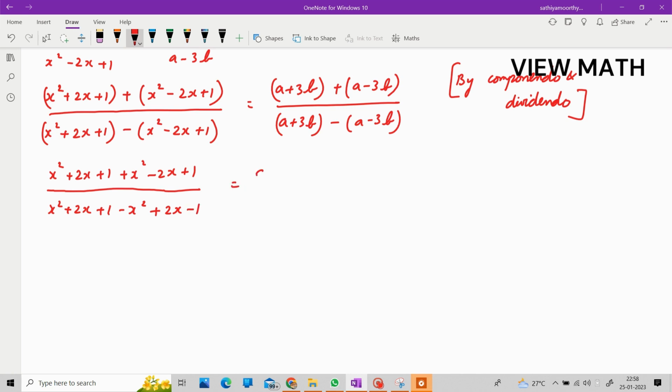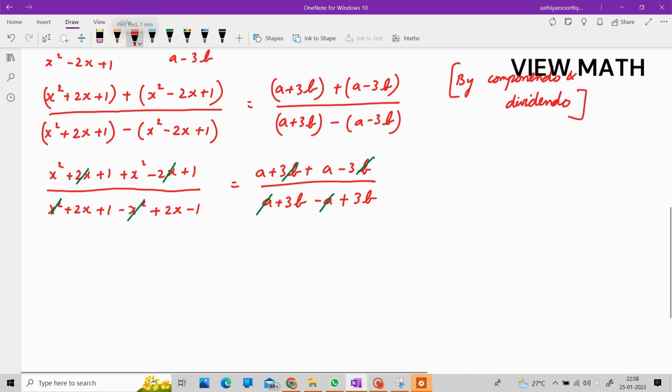This is equal to a plus 3b plus a minus 3b divided by a plus 3b minus, I'm bringing it inside the bracket, so minus a, minus into minus, it becomes plus 3b. Now cancel the terms which is common. Here plus 2x and minus 2x I can cancel. In the denominator x square and minus x square I can cancel. Coming to the right hand side, plus 3b minus 3b and a and minus a I can cancel.